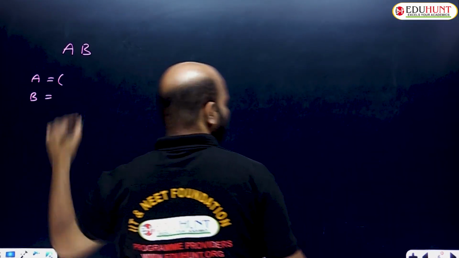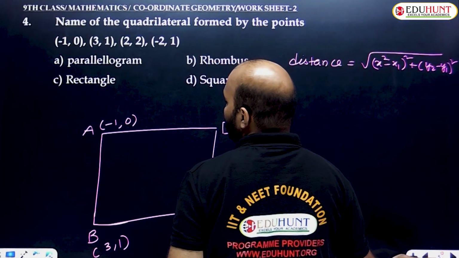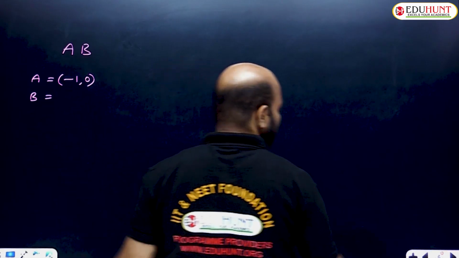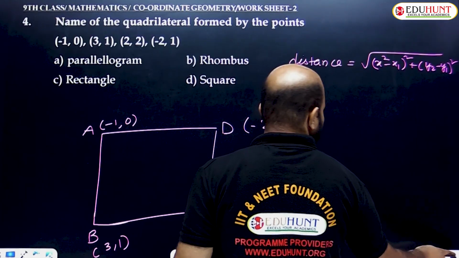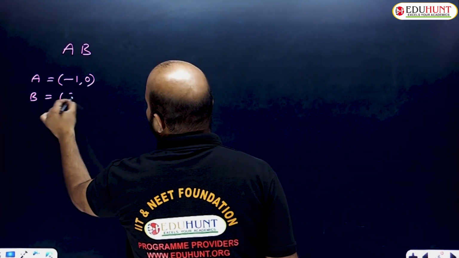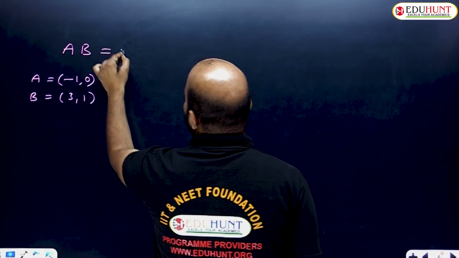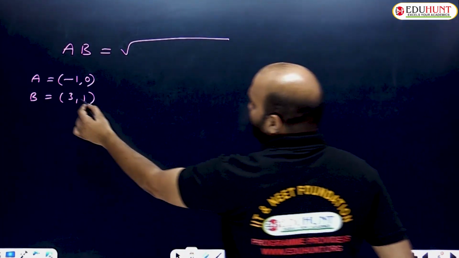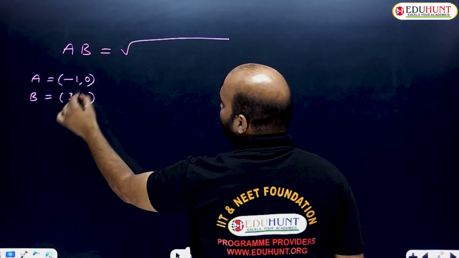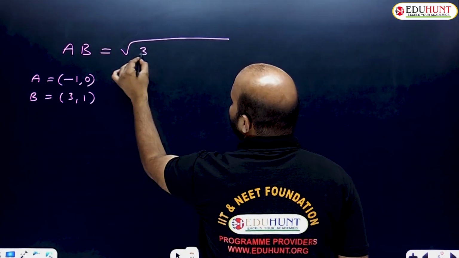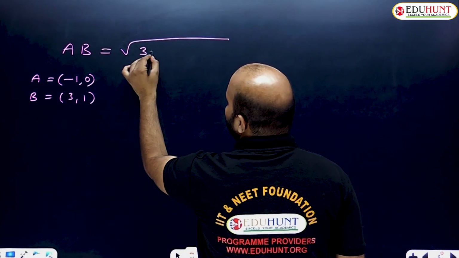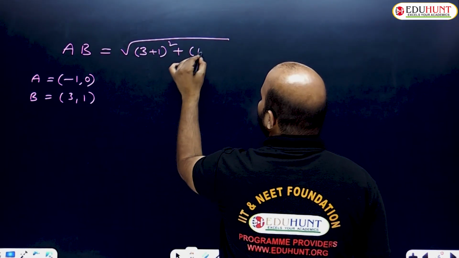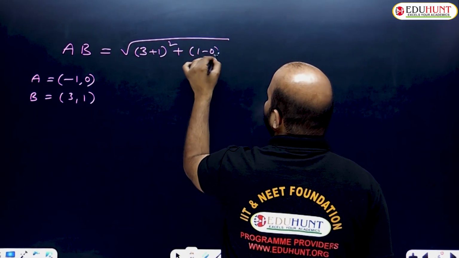A coordinate points -1, 0. What are the B coordinates? 3, 1. What is the distance formula? AB equals square root of x2 minus x1 whole square. Here I am taking x2 as 3. This is x1, y1. This is x2, y2. x2 is 3 minus x1, minus into minus plus 1 whole square, plus y2 1 minus y1 0 whole square.